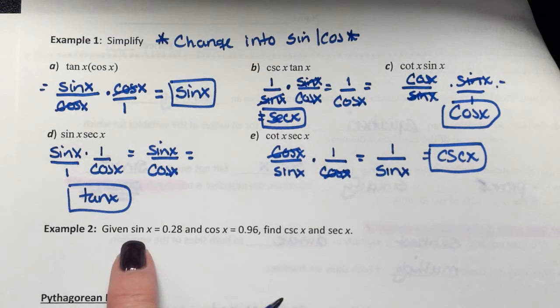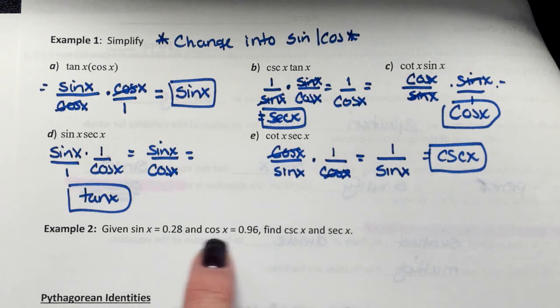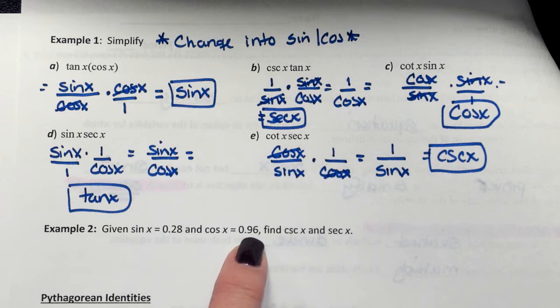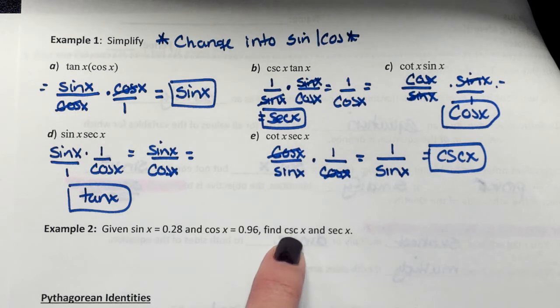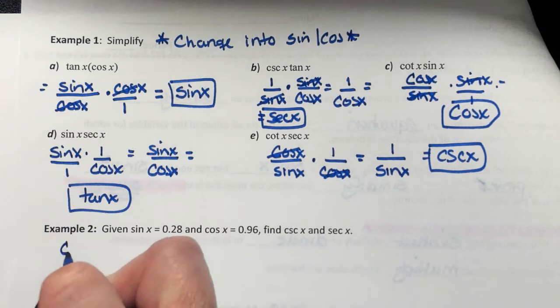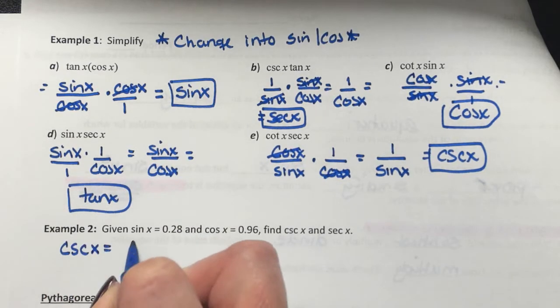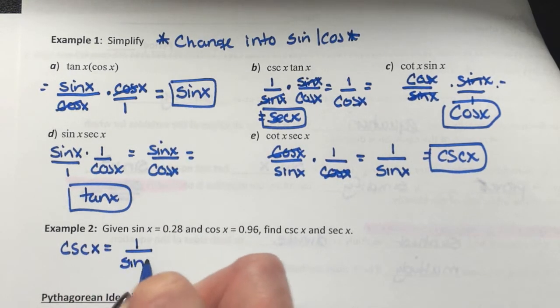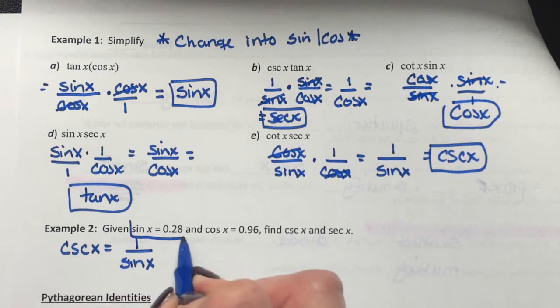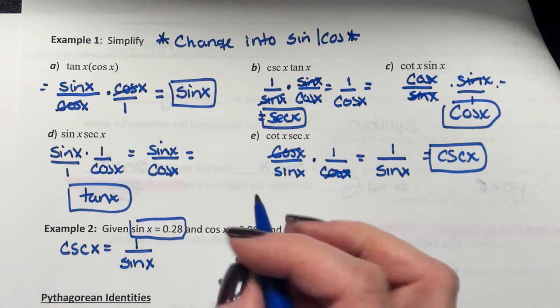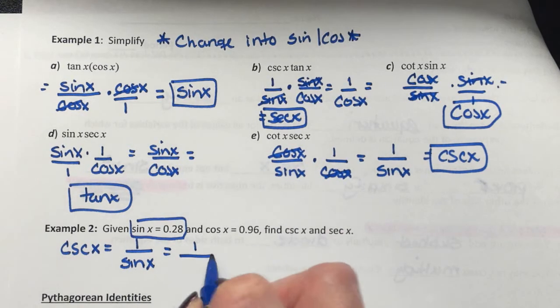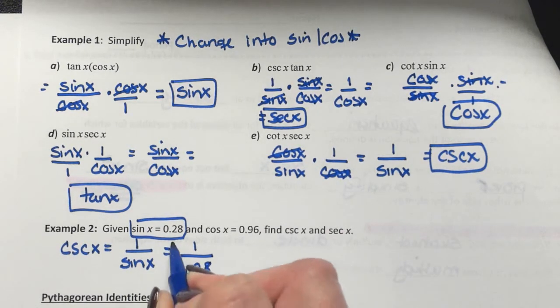So given sine of x is equal to 0.28 and cosine of x is equal to 0.96, let's find cosecant of x. Well, what's cosecant of x equal to? Cosecant of x is equal to 1 over sine x. So they're telling you that sine x is equal to 0.28. Then cosecant of x is just going to be equal to 1 over 0.28.